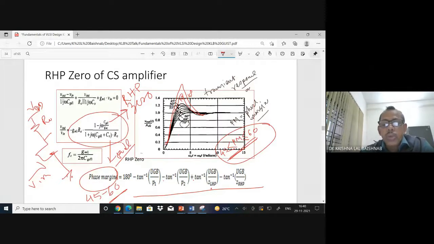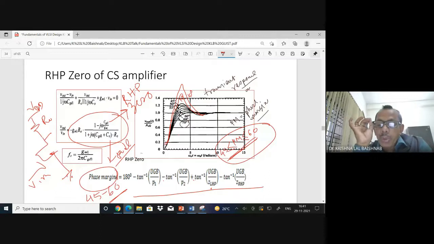This is my good side. And otherwise, a single isolated pole gives you what? 90 degrees. But if those poles and zeros are very close, not isolated, then it will never give 90 degrees. It will give some other value. As you studied in the books, one pole gives you 90 degrees.